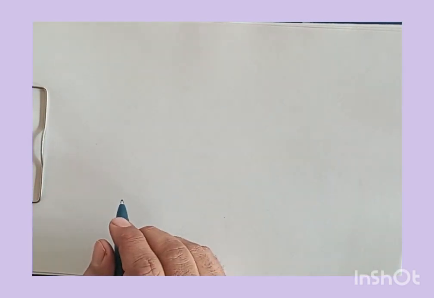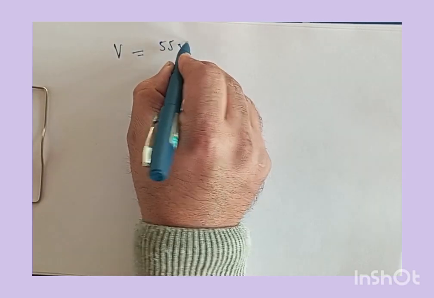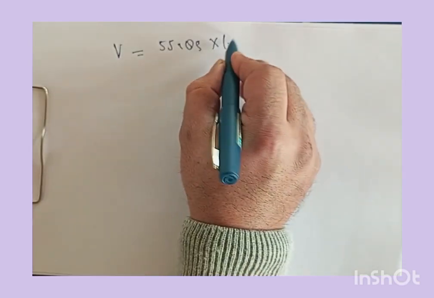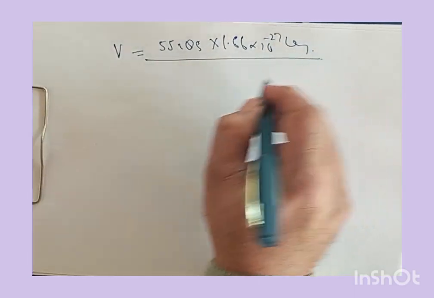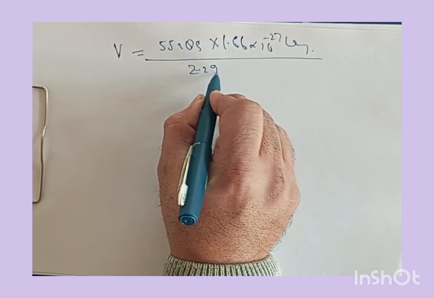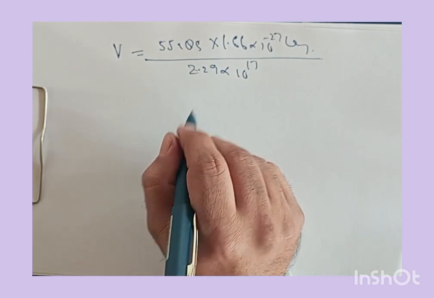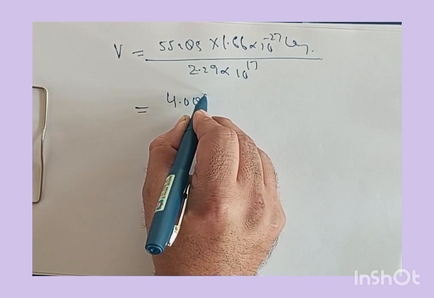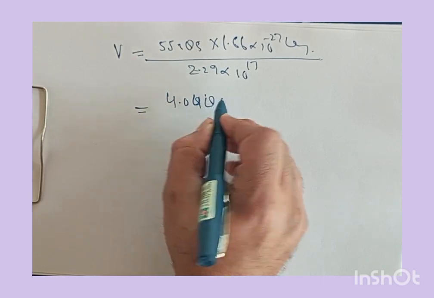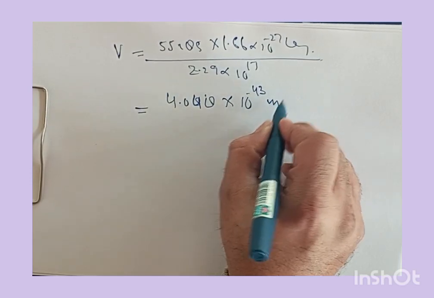So I can calculate the volume, and this volume will be 55.85 times 1.66 into 10 to the power of minus 27 kilograms divided by 2.29 times 10 to the power of 17 kilogram per meter cube. When we calculate this, it nearly comes out to be 4.08048 times 10 to the power of minus 43 meter cube.